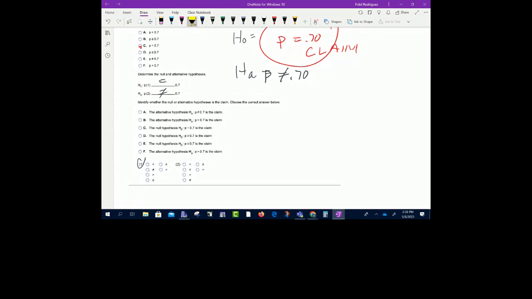Wouldn't that be choice C? That is the claim because we had an equals there. Sometimes people say, Omar, how did you know it was not D or E? Because ours had an equal sign, and if you look at D and E, they have either a greater than or equal to or less than or equal to. That was our claim.